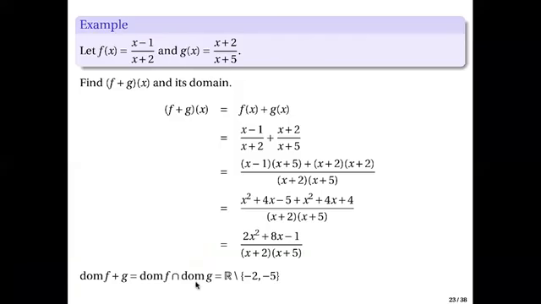Negative 5 is not in the domain of g. And that will be the domain of f plus g. So intersection: what is common between the two domains? Question.